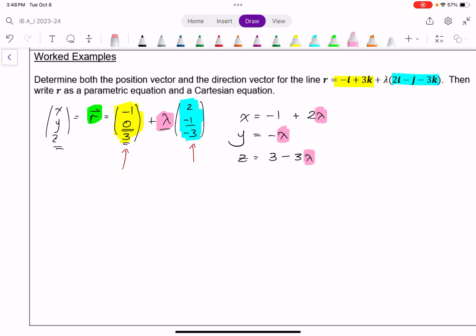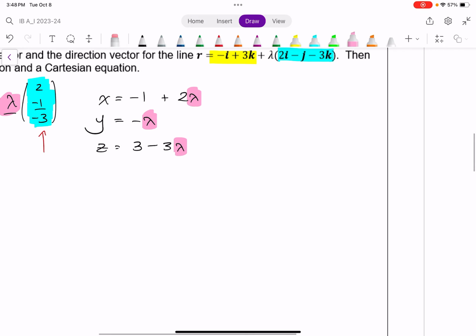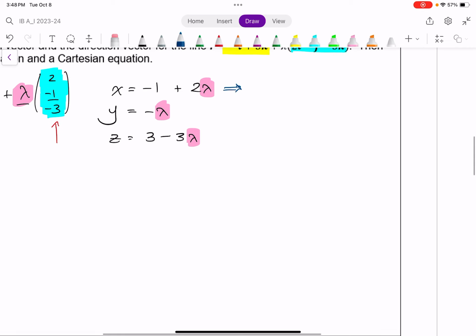And so what I have here, these three equations, we call the parametric form of a line, in this case in three dimensions. Each of these equations has the same value of lambda, the same constant, which means I can isolate lambda in each one quite quickly. This equation here, if I isolate lambda, I get (x plus 1) over 2.